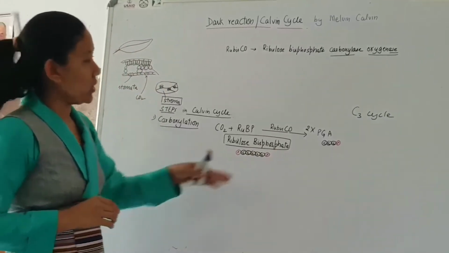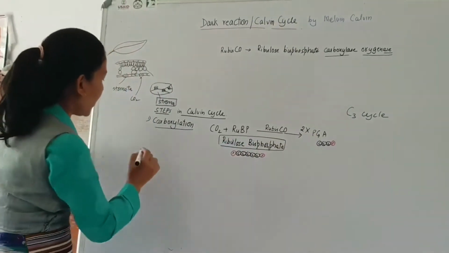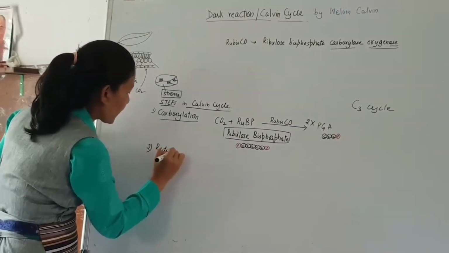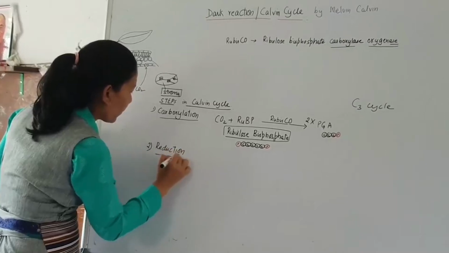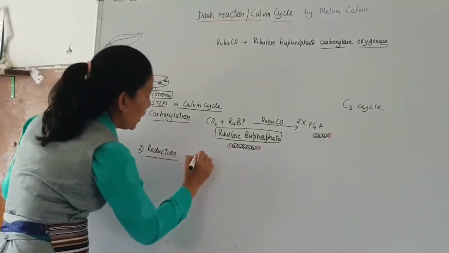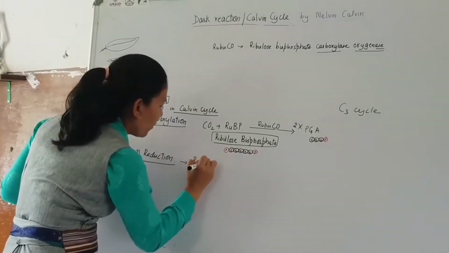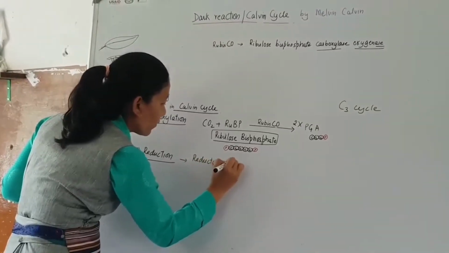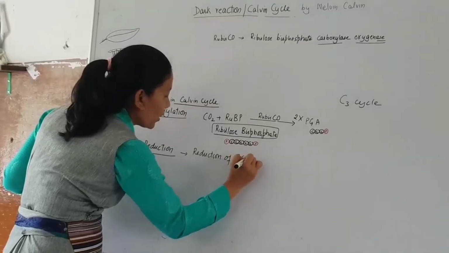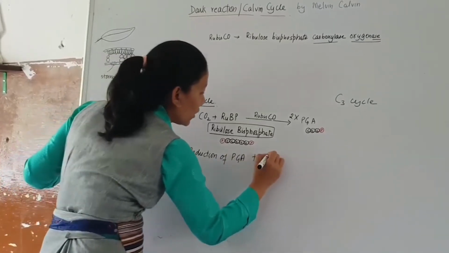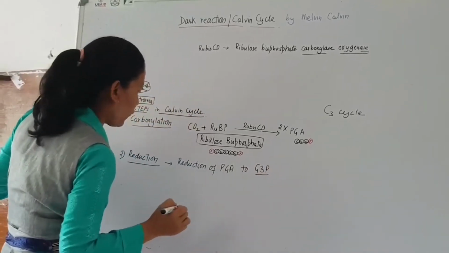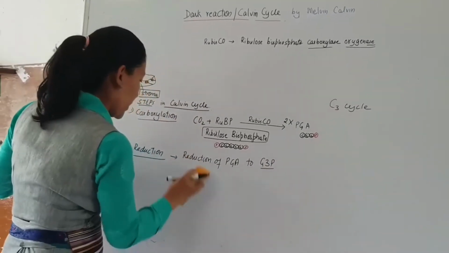Okay, so this is one thing. Now, once we get PGA, the second step is reduction. Here, reduction of PGA to G3P, glyceraldehyde 3-phosphate, takes place.